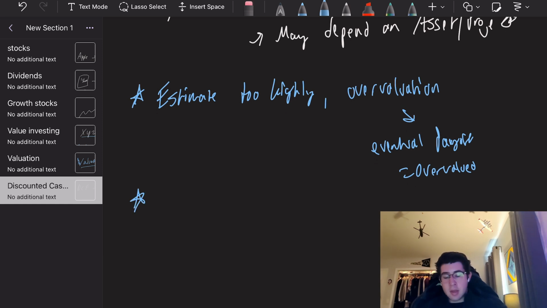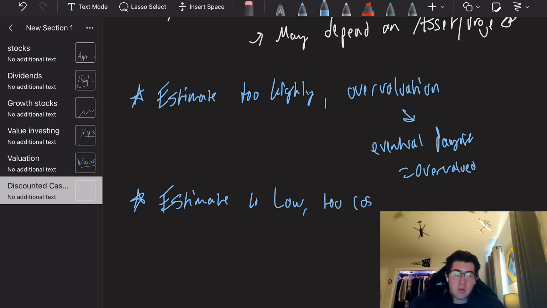And on the other side, an estimate too low means that it may make the investment too costly for the eventual profit, which could result in missed opportunities.